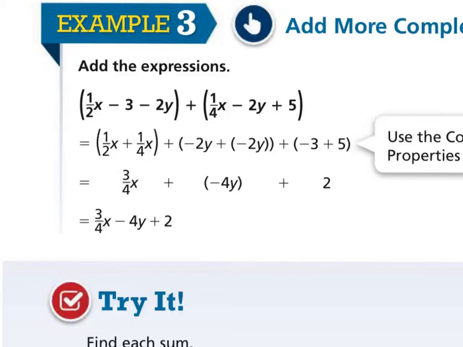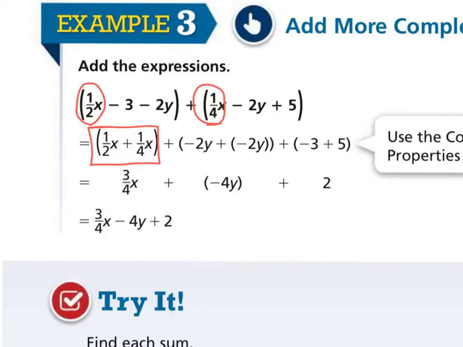So if you'll notice, our first term has an x in it. And then we got another term that's got an x in it here. So the 1/2 x and the 1/4 x. Again, the book actually physically rearranges and puts them next to each other. We know before we add fractions we have to have a common denominator.